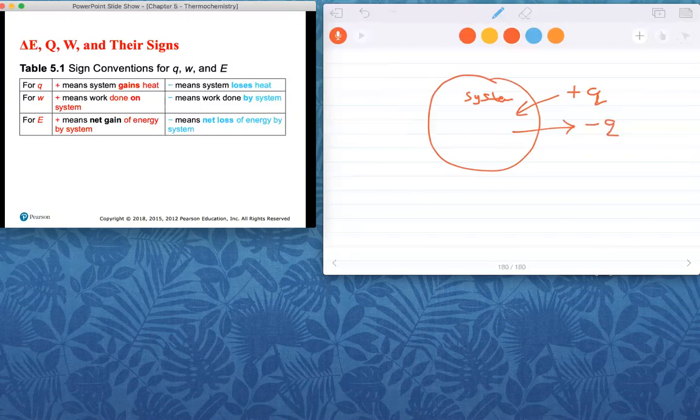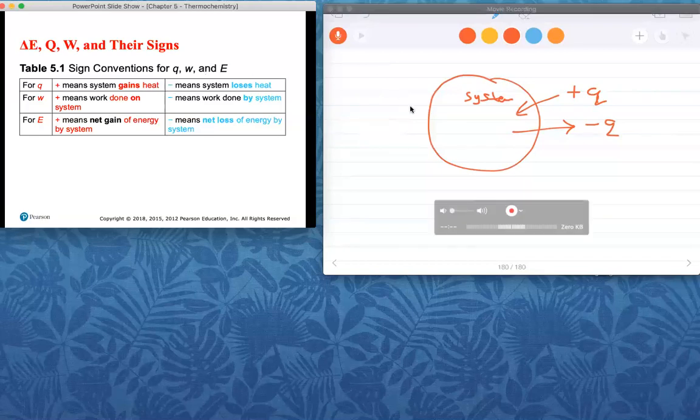That's how I know the sign convention for heat gain and heat loss. You see here, heat gain is positive. Minus means it is lost. If you look at table 5.1, you may think that this is a bullet point. It's not a bullet point. Look at my whiteboard.